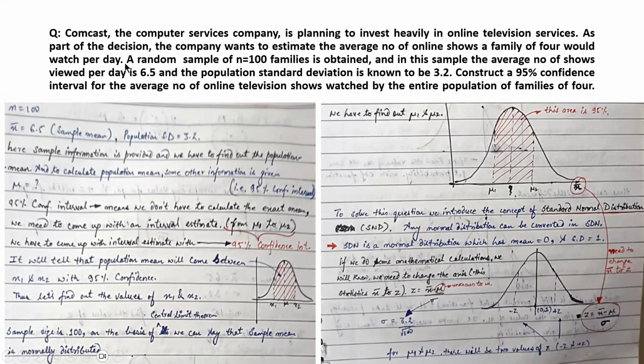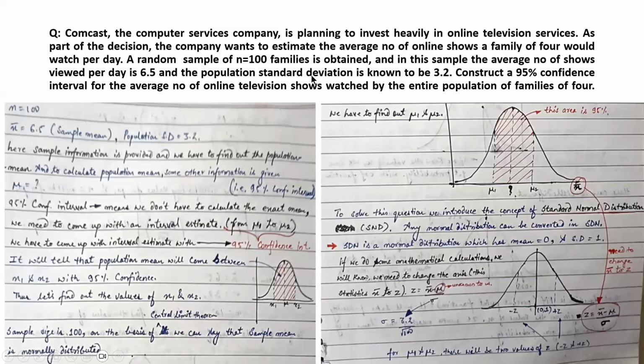A random sample of n equals 100 families, so the sample size is adequate, more than 30, is obtained, and in this sample the average number of shows viewed per day is 6.5. The population standard deviation is known to be 3.2.